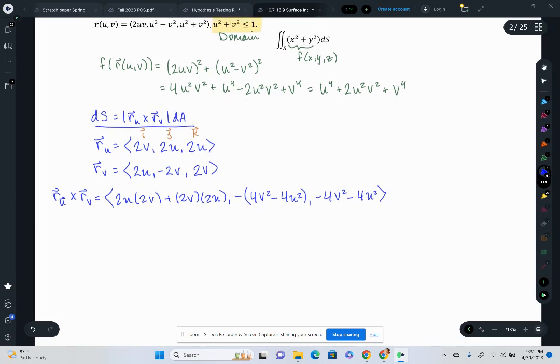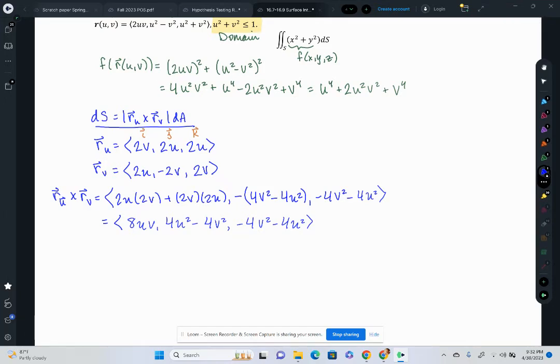Let me rewrite that one more time. I get 4uv plus 4uv, so I get 8uv in the first component, 4u squared minus 4v squared in the second component, and minus 4v squared minus 4u squared. Okay, that is my cross product.